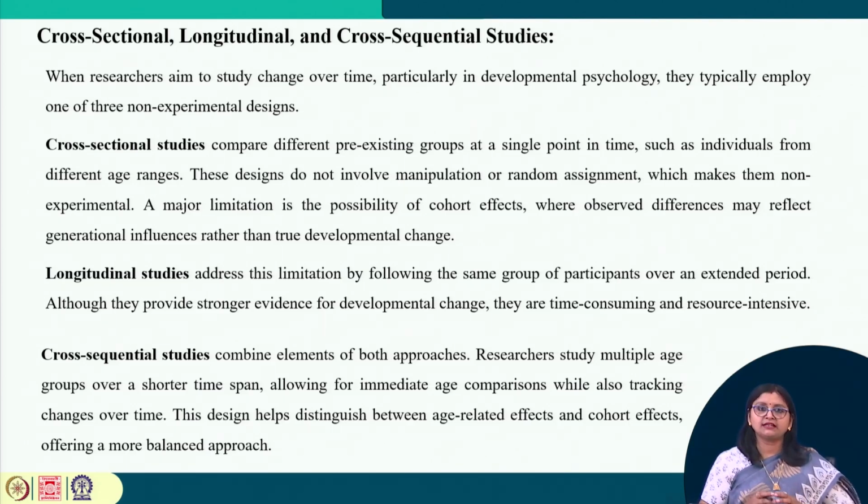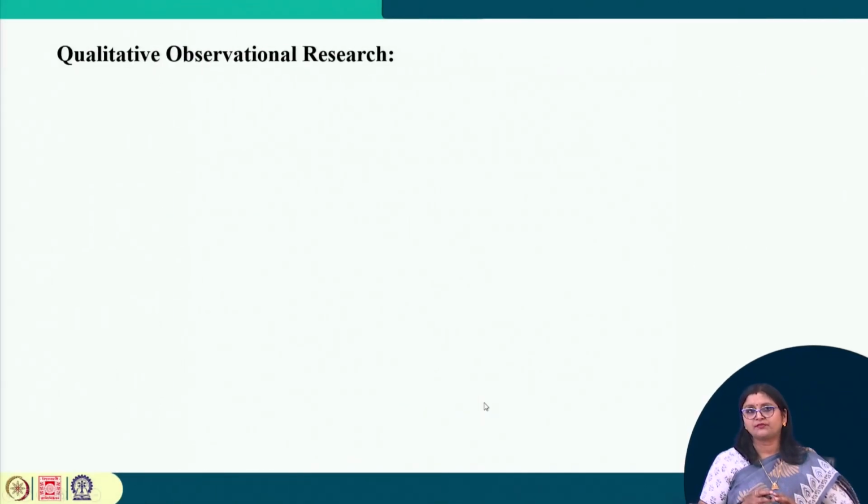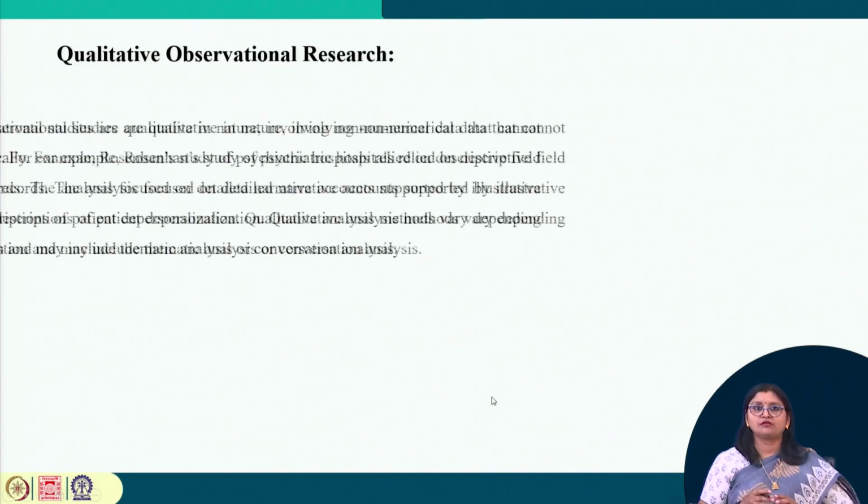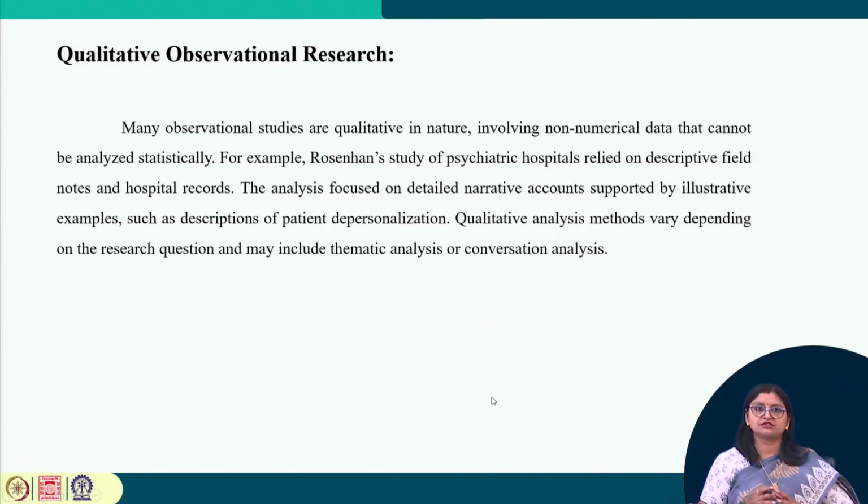This design helps distinguish between age related effects and cohort effects, offering a more balanced approach. So, in the present time you will see many studies being conducted using cross sequential designs.